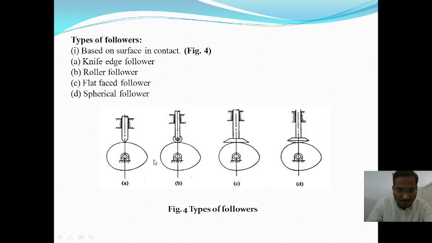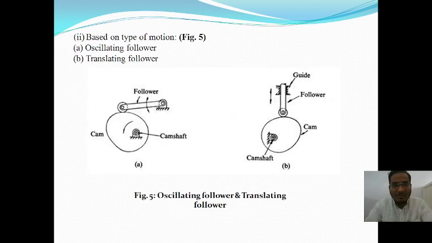This is the cam shaft. And here the fixed supports are there. So this one is the roller follower. It looks circular. The flat surface follower looks like this. The spherical follower has a hollow shape inside. So make sure to remember these different shapes of followers.